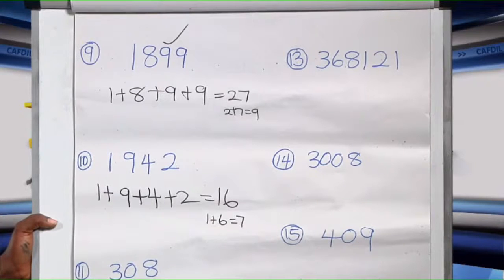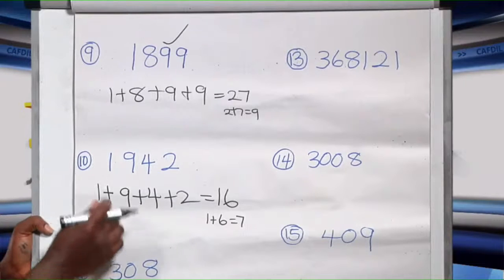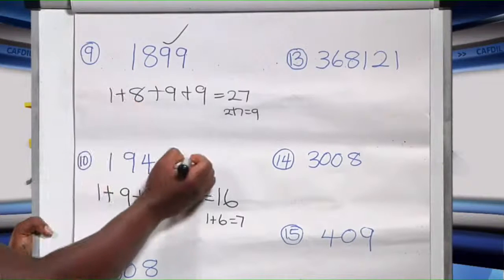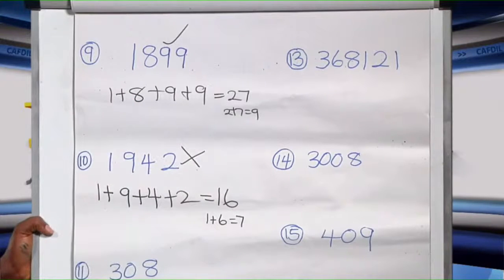Is 7 a multiple of 3? Can we divide 7 by 3 without getting any remainder? So 7 is not divisible by 3. Therefore, this number, 1942, is not divisible by 3. If we divide it by 3, there will be a remainder. So we can cross it.